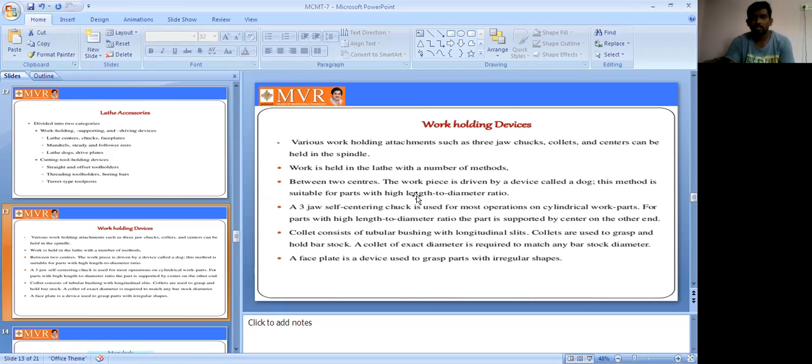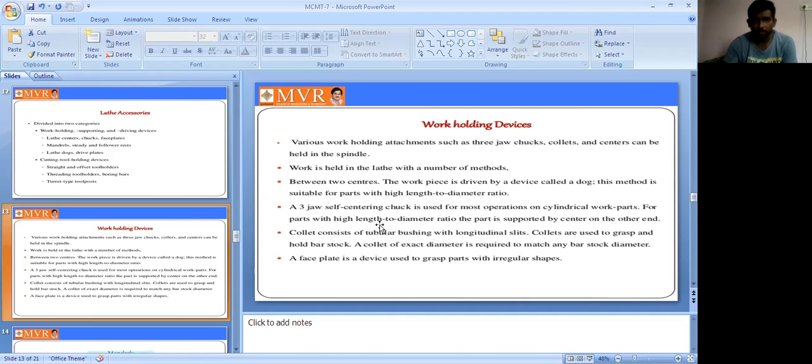Next, the three-jaw self-centering chuck is used for most operations on cylindrical work parts. So the three-jaw is mostly used for cylindrical work parts only.